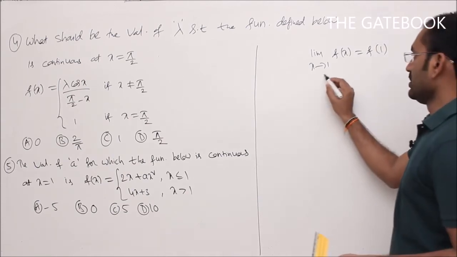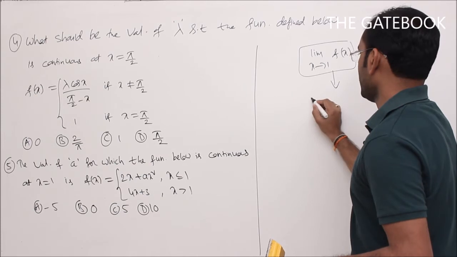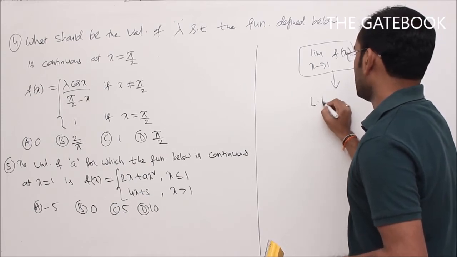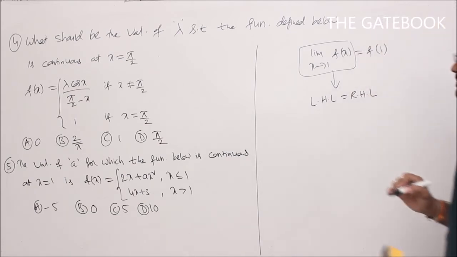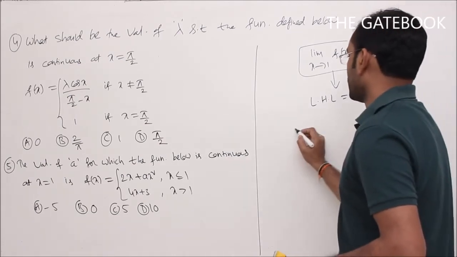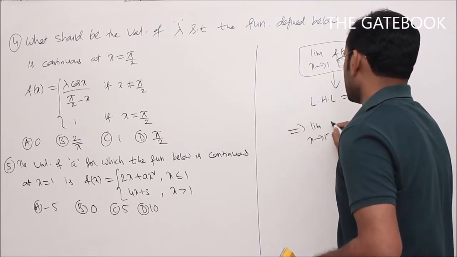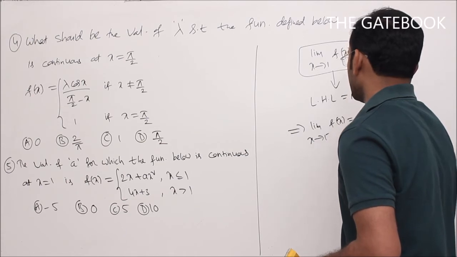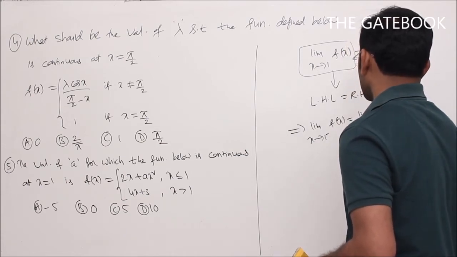So again here, the limit value exists if and only if the left hand limit is equal to the right hand limit. What is the left hand limit here? Limit x tends to 1 minus of f of x must be equal to limit x tends to 1 plus of f of x.